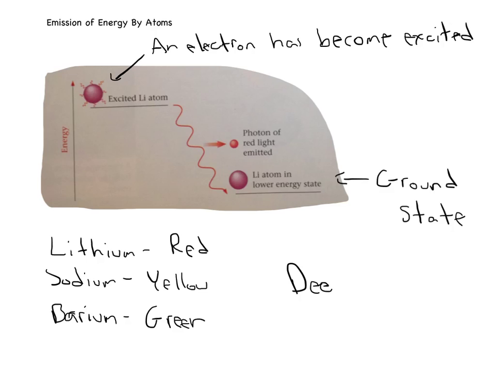Every other color, they have purple, they have red, they have green, they have yellow. But if you can find a chemical or metal that gives off a deep blue, firework companies would pay a lot of money for that, because right now they don't have something that will give a deep blue. And so when you watch a fireworks display and it looks like it's red, white, and blue, it's probably red, white, and purple. And your eyes see it as blue.